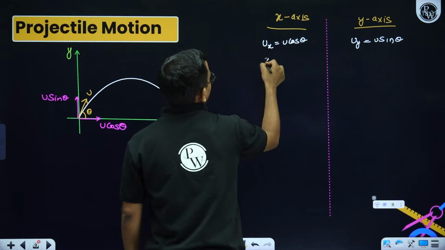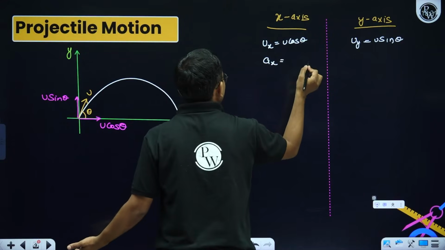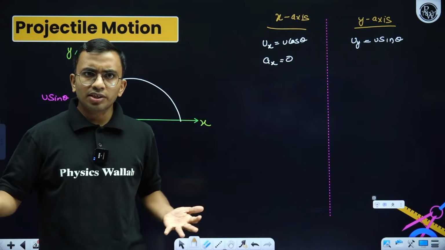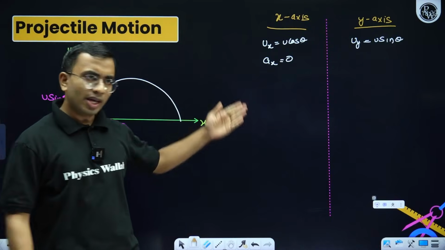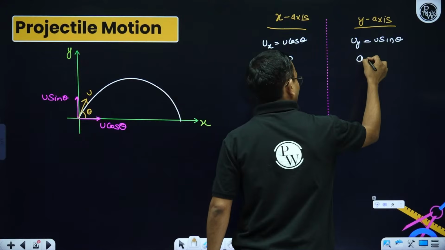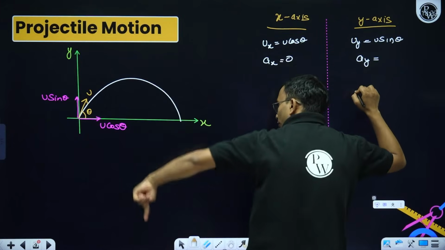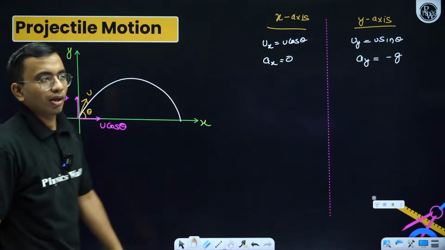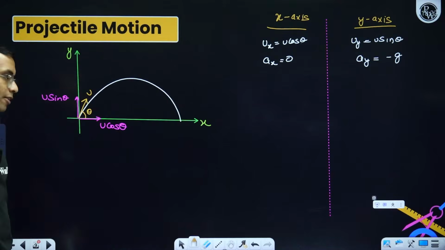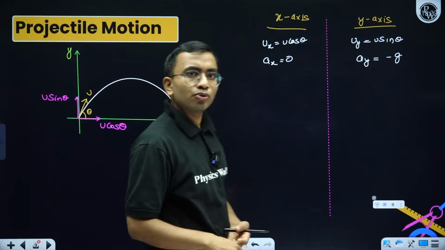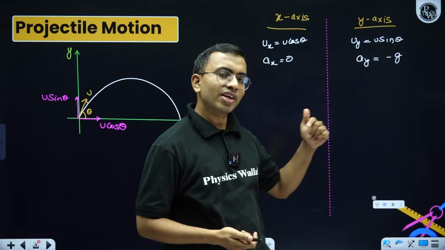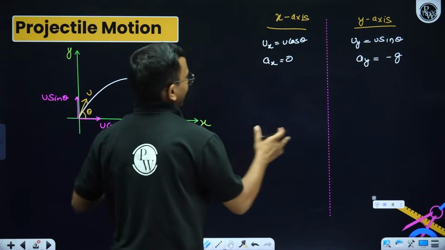Then the acceleration along the x-axis is 0. Acceleration is only along the y-axis, in the downward direction, g. So minus g. Then you use v equals u plus at along the x-axis and along the y-axis, and you can write velocities at any time t.